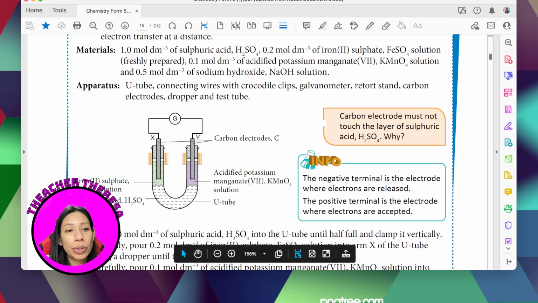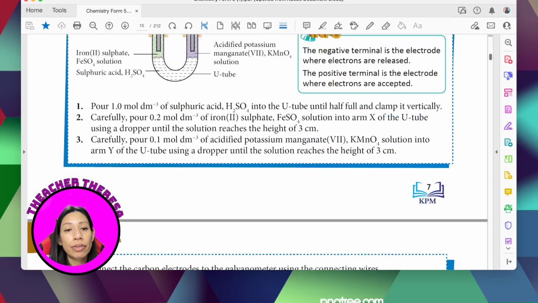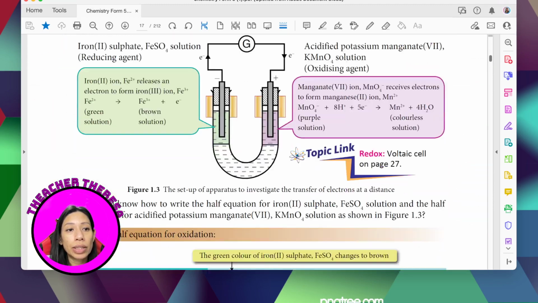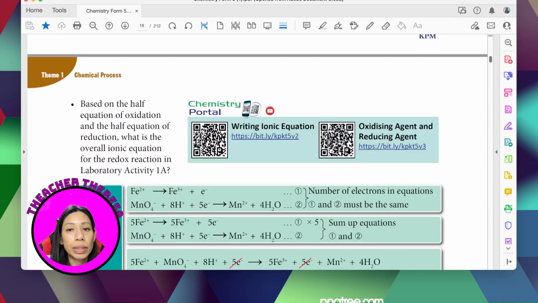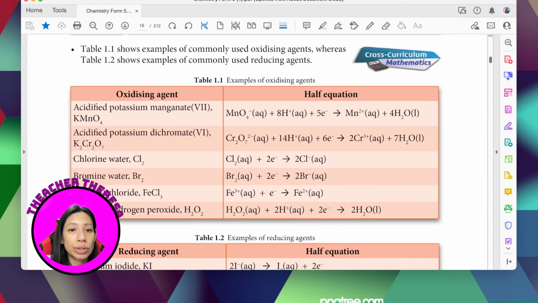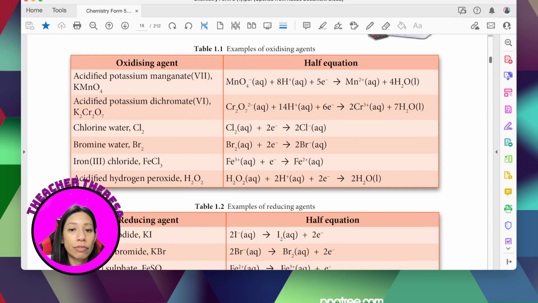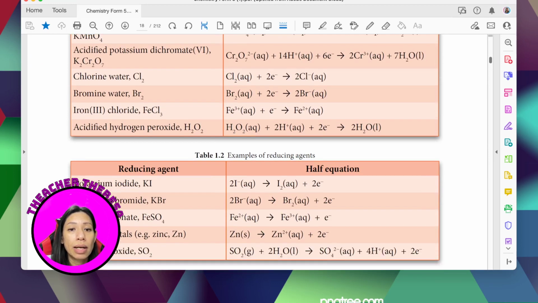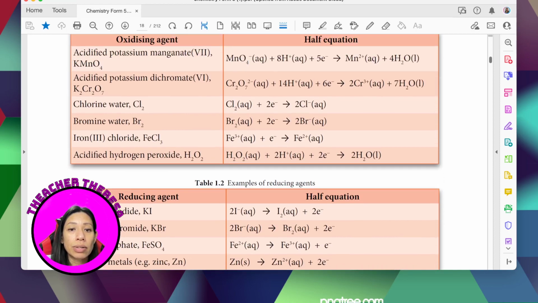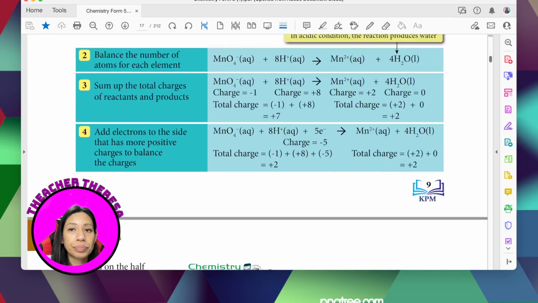So how do we know which one undergoes oxidation and which one undergoes reduction? Later on we will further discuss different kinds of solutions having different abilities, whether that particular solution undergoes oxidation or reduction. Like here, for example, this table states different solutions which you need to know that undergo oxidation and reduction.